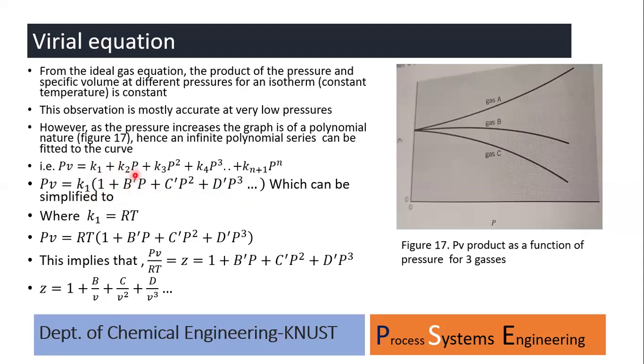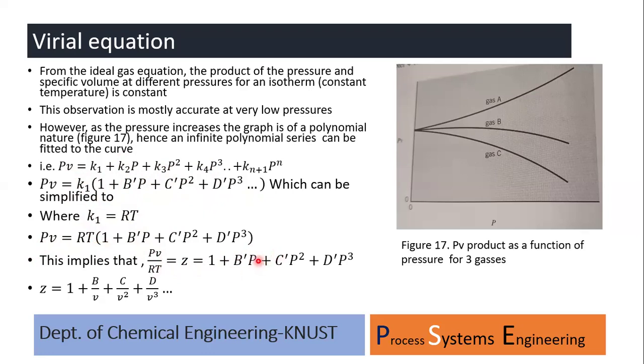Now B prime is just K2 over K1, C prime is K3 over K1, and D prime is K4 over K1. K1 is going to be our RT, that constant expression. So I can replace K1 here with RT and get this expression. We can now say that PV over RT, which we said is equal to Z, is equal to the rest of the expression.